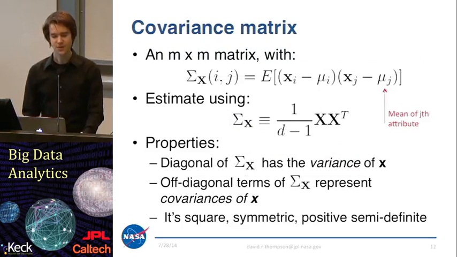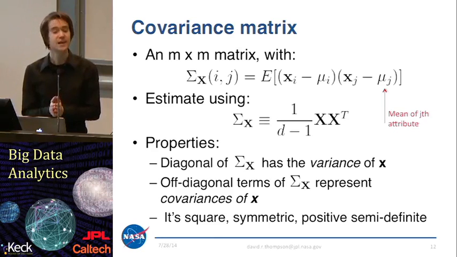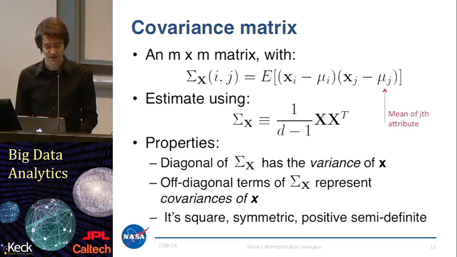Okay, so this will require a new construction, the covariance matrix, which I want to introduce here if you're not familiar with it already. The covariance matrix is simply the matrix of all the covariances between all of the different attributes in your data. So this is the formal definition, where the covariance matrix is represented here as sigma sub x.